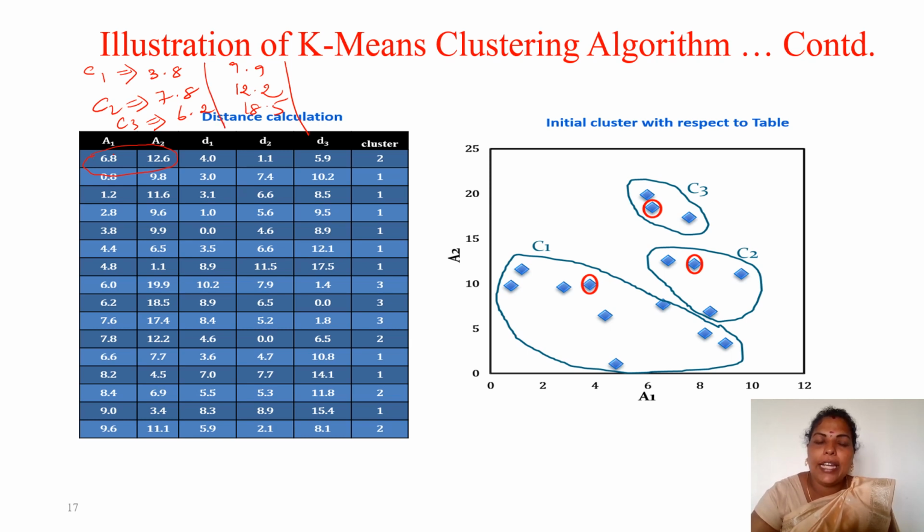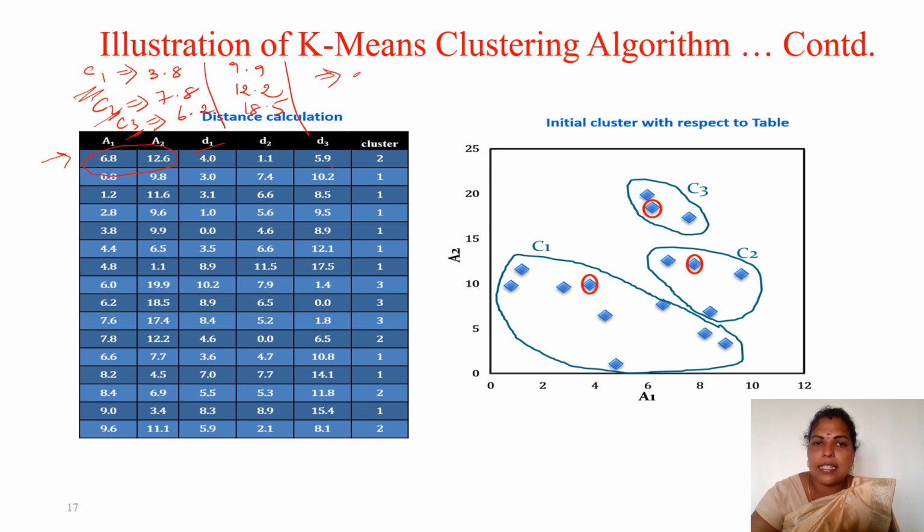We have to find the distance between this first record and these 3 centroids. D1 is the distance between this record and C1, D2 is the distance between this record and C2, and D3 is the distance between this record and C3. So we have 3 distance values. How to compute that? Let us see.